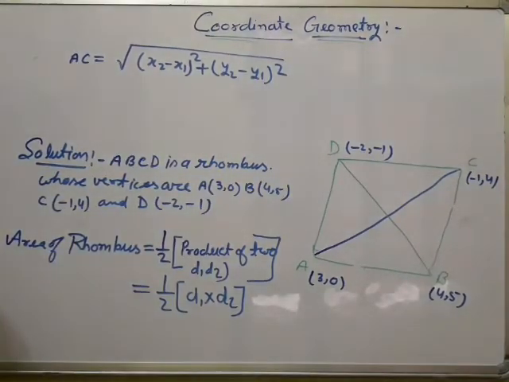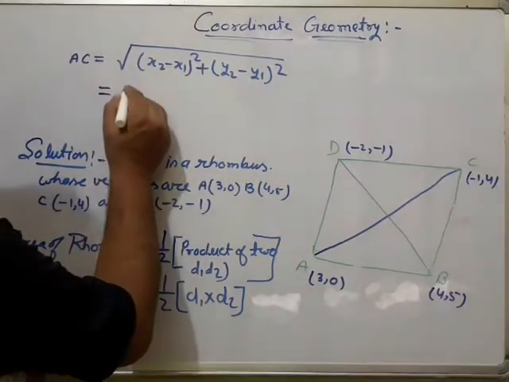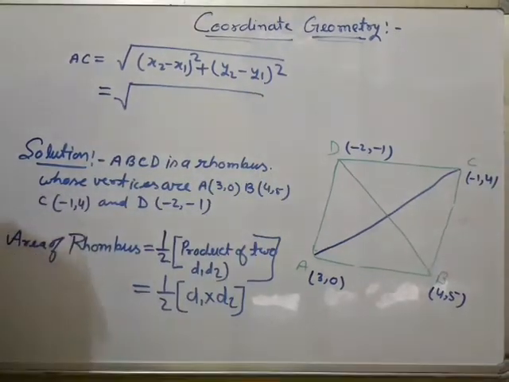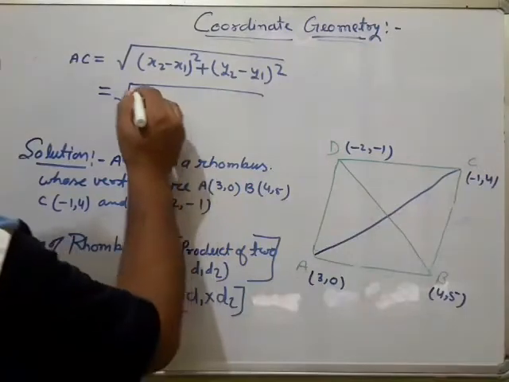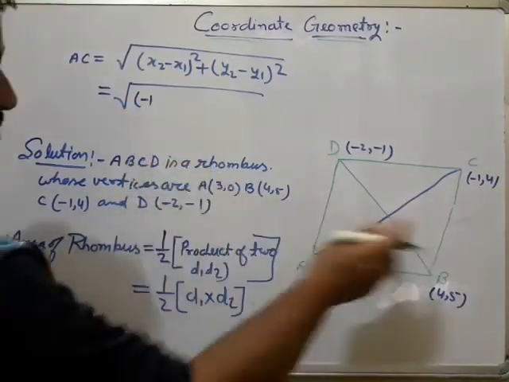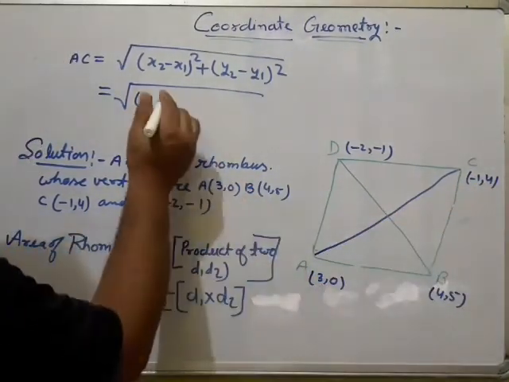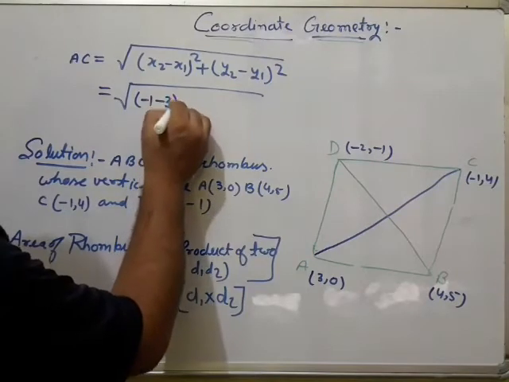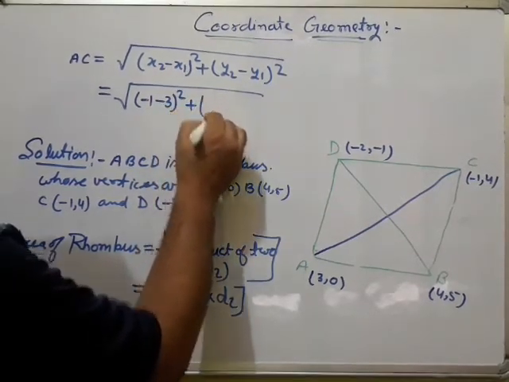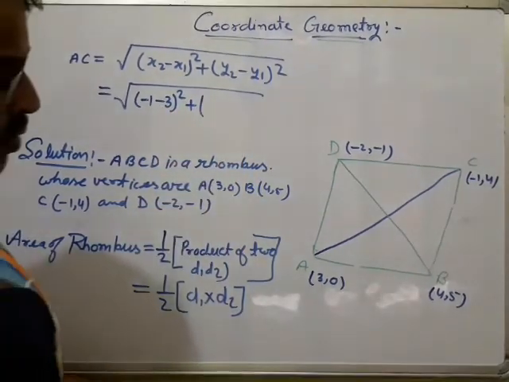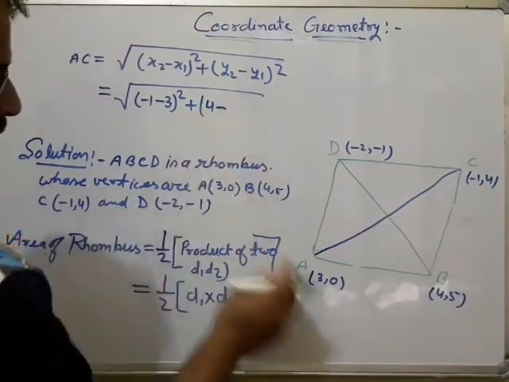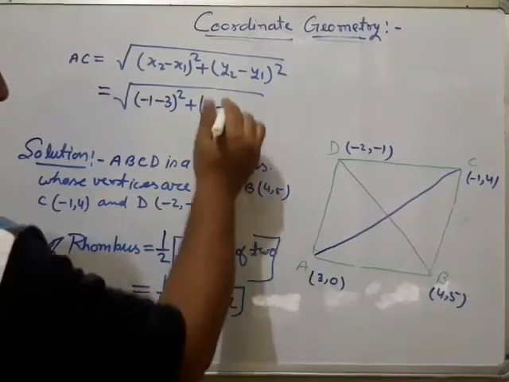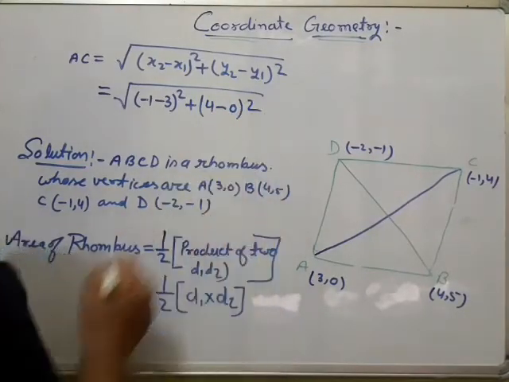Now put that here: x1 is the first point's and x2 here is -1, x1 here is -3, whole square, plus y2 here is 4 and y1 here is 0, whole square.